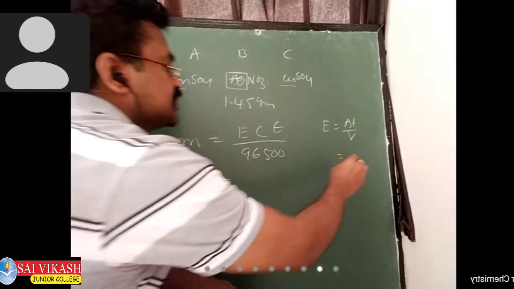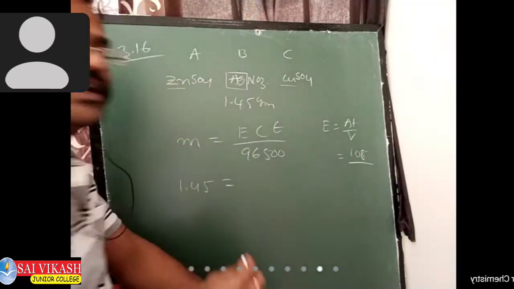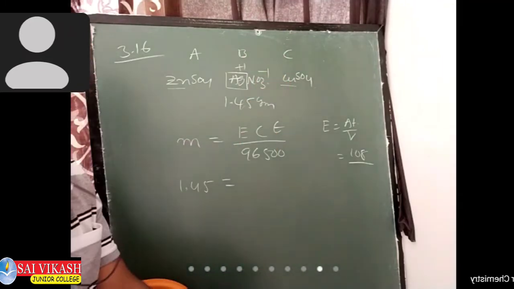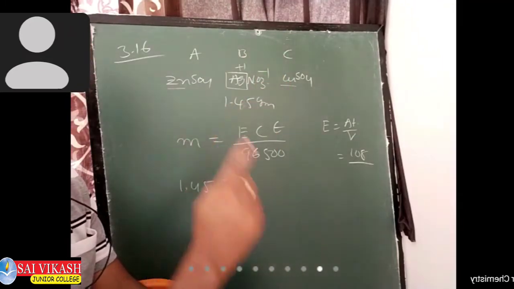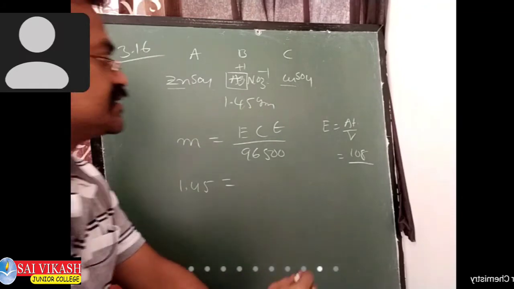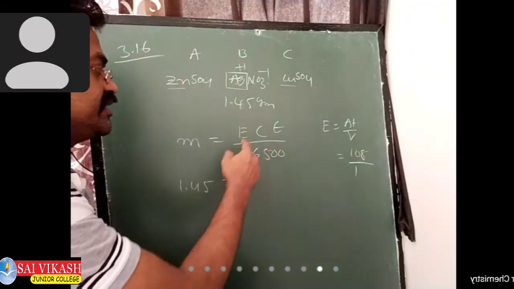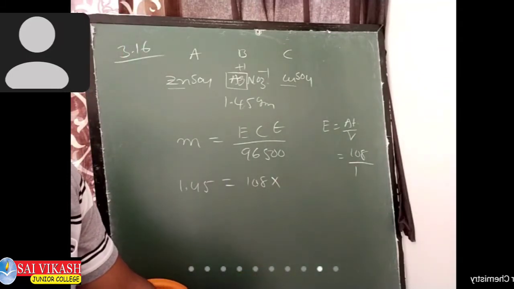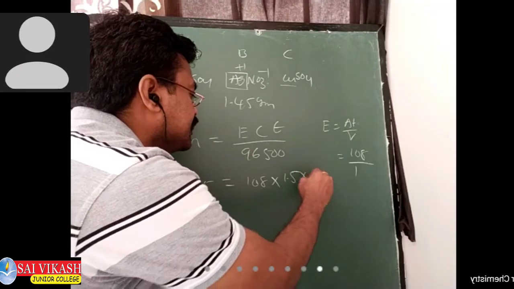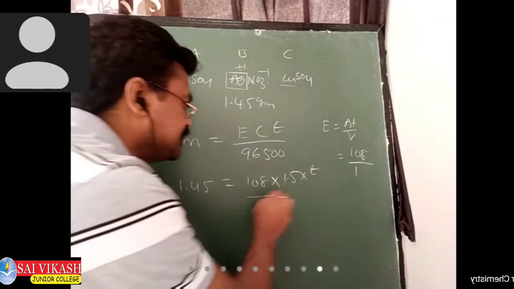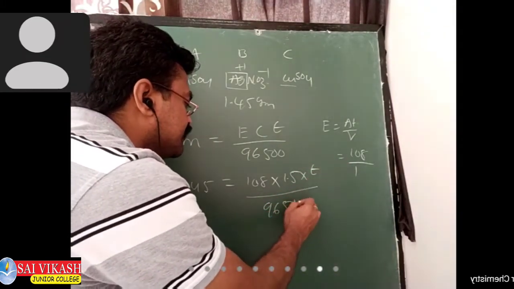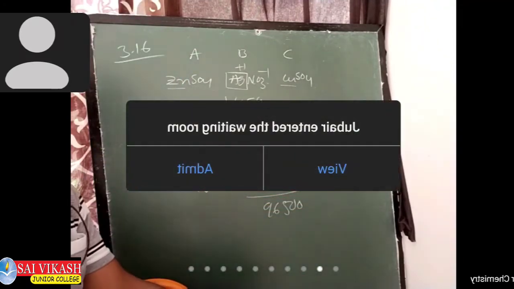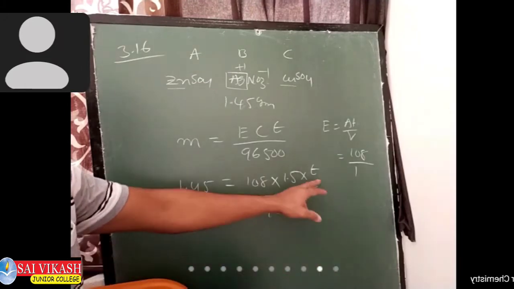Atomic weight of the silver we have to know that 108 and its valency Ag plus NO3 minus. Ag plus means one electron is present, means one valency 1. So here E means 108 into C. How much ampere current is given? 1.5 into time T they are asking divided by 96,500. So you simplify this, you will get the time of the flow of current. The time you will get in seconds.